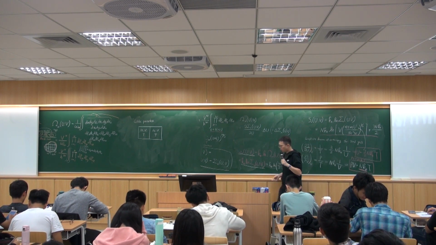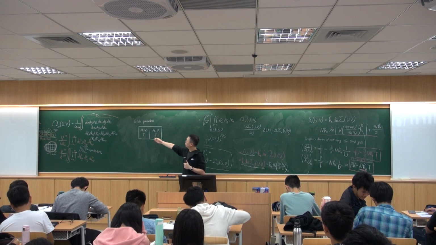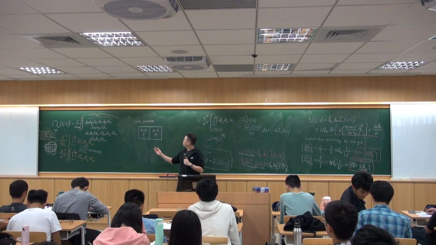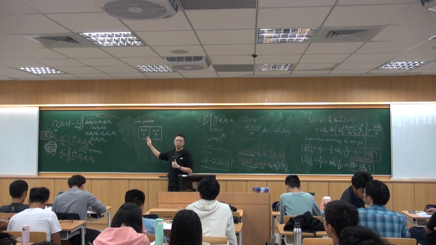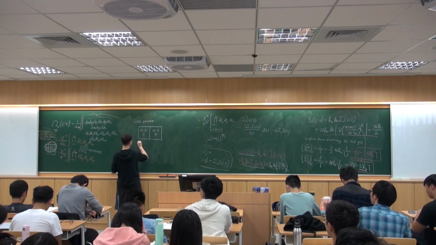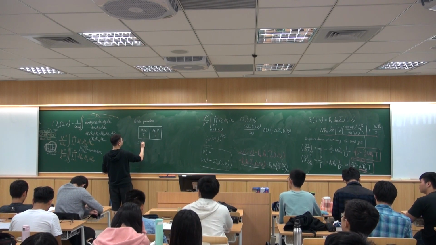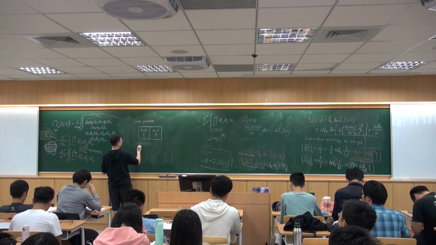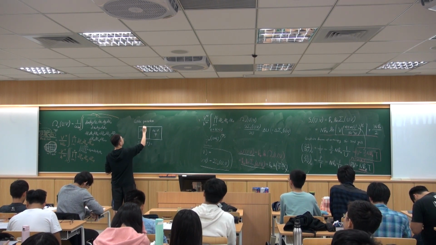So once the particle size, the volume, and the temperature are fixed, then the entropy is fixed. And if these two are identical systems, it means that the entropy of these two systems is the same. Let's say this is A, this is B.